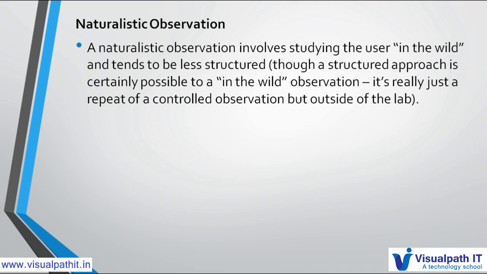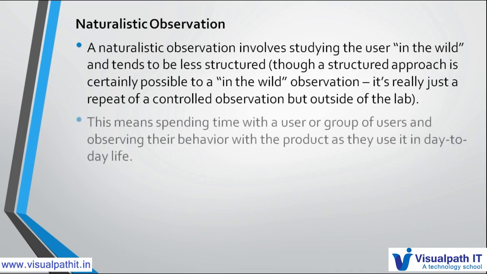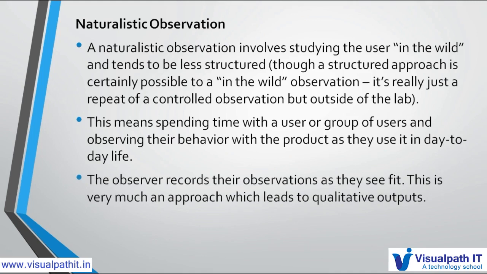It's really just a repeat of a controlled observation but outside of the lab. This means spending time with a user or group of users and observing their behaviors with the product as they use it in day-to-day life. The observer records their observation as they see fit. This is very much an approach which leads to qualitative output.